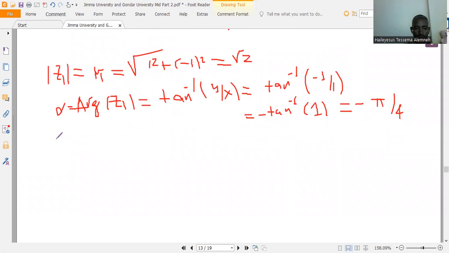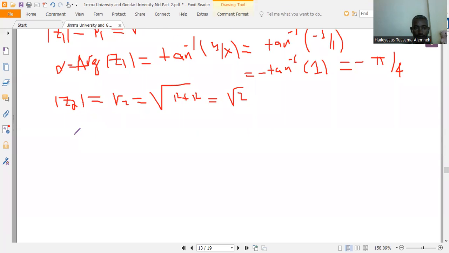z2 እንፈልግ. The modulus of z2, which is similar to z1, is r2 ብንለው, which is equal to the square root of 1 square plus 1 square, which is the square root of 2 ይሆናል.